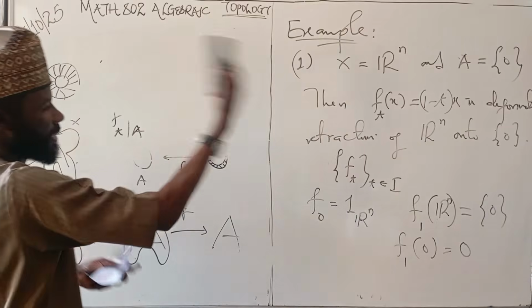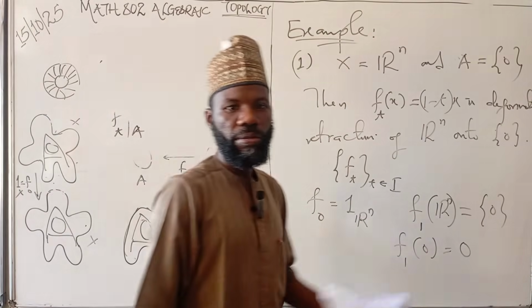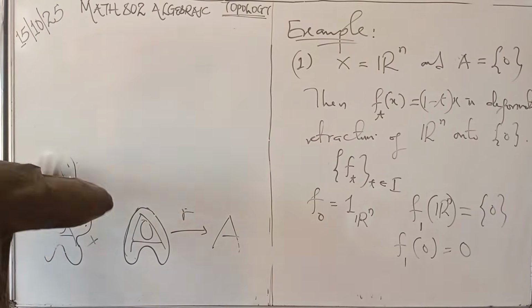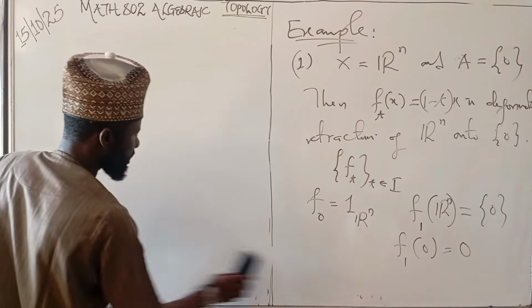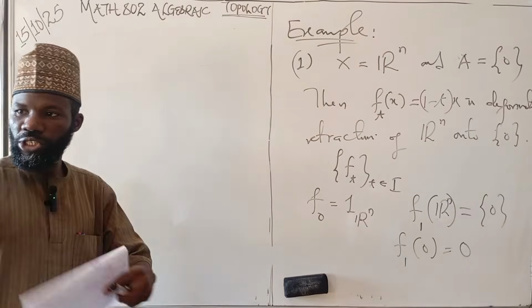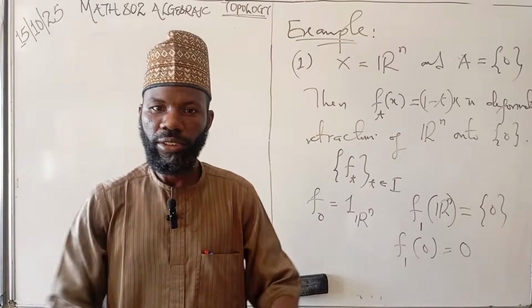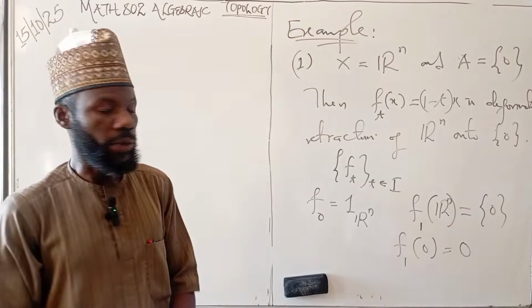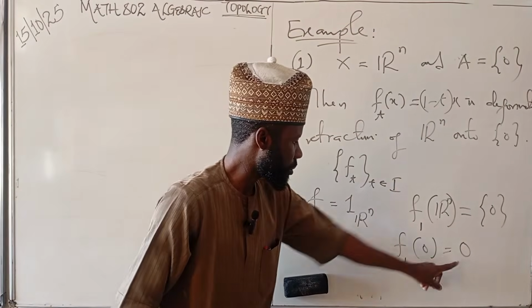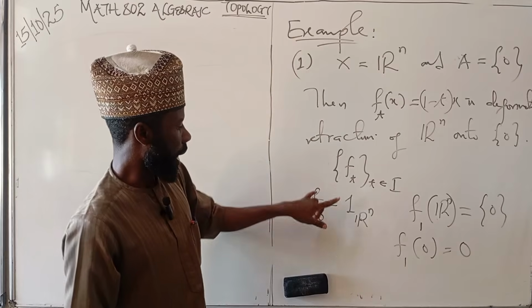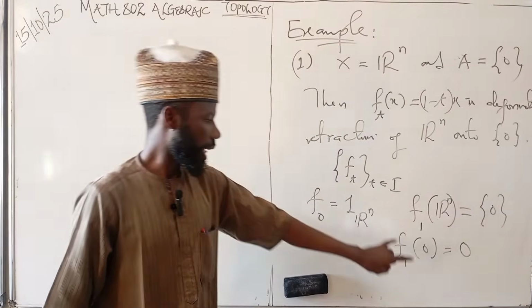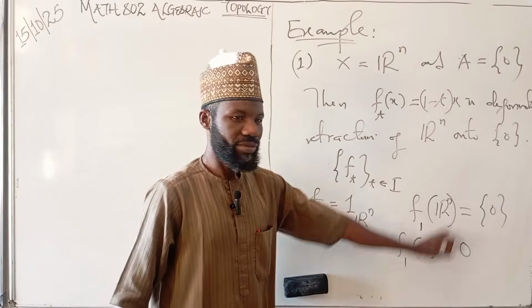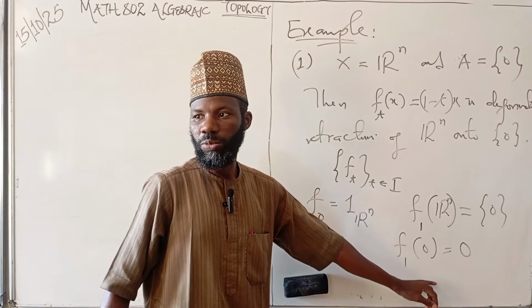So we see spaces may be homotopic, even though I have not defined being homotopic, but I will define it. All I have been saying is we are talking about functions being homotopic. That is, a function f1 is homotopic to a function f0. f0 is homotopic to f1. Here f0 is the identity map, and f1 is a retraction because it satisfies these properties.